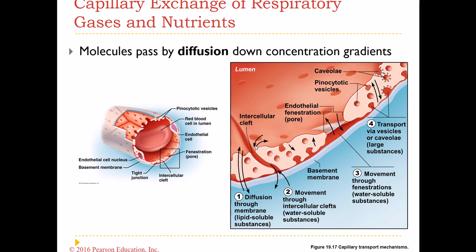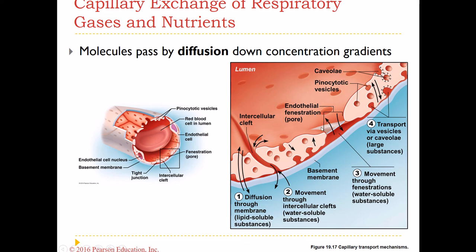So anything that's lipid soluble can diffuse directly through the membrane of the cells, because the cells' membranes are lipid soluble. If it's water soluble, it has to either move through one of these clefts or through these fenestrations.